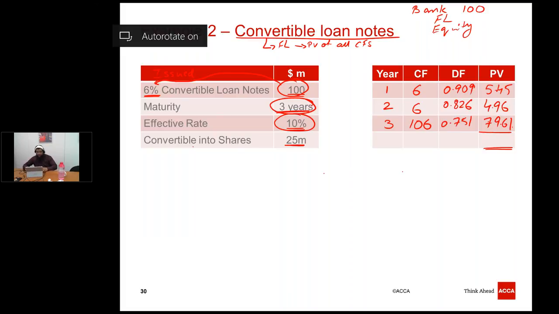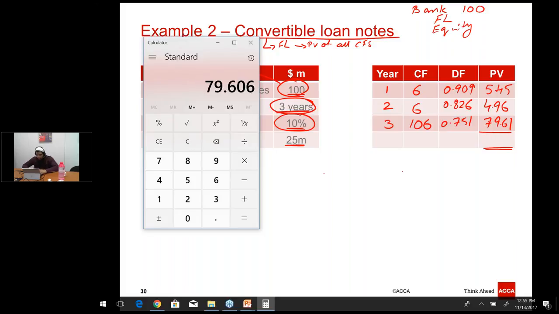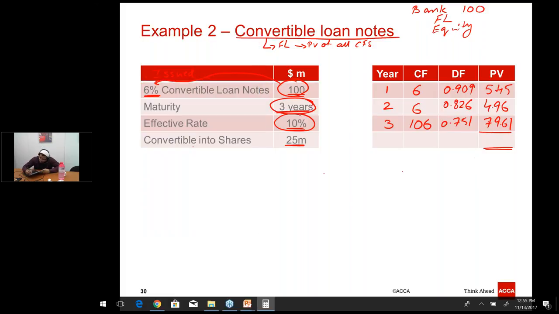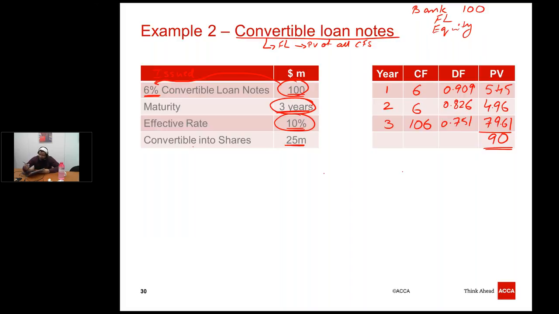Now I'm going to add all these. 5.45 plus 4.96 plus 79.61 is going to be 90.02. So let's say 90. I'm using a rounded off value as 90.